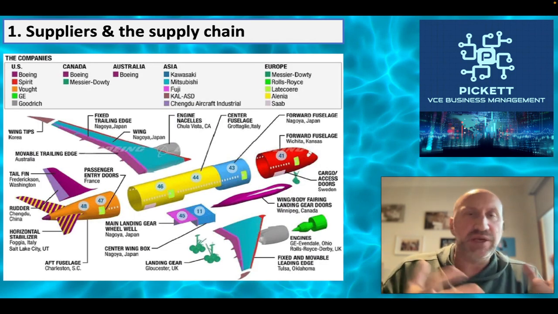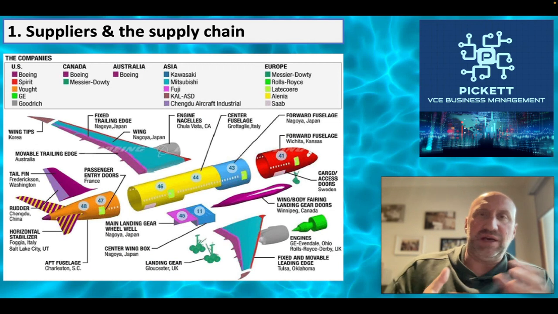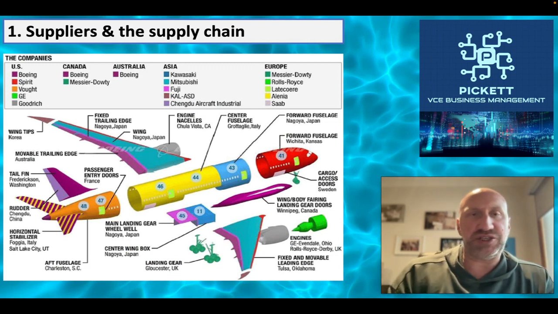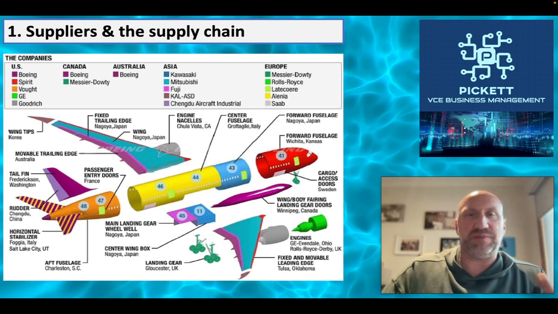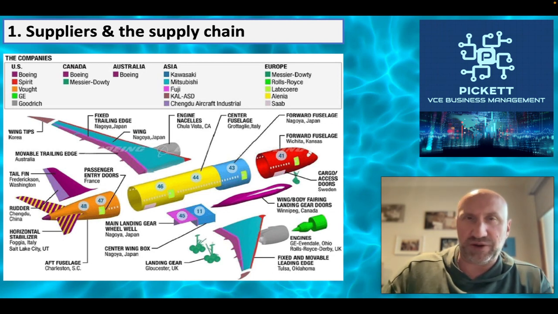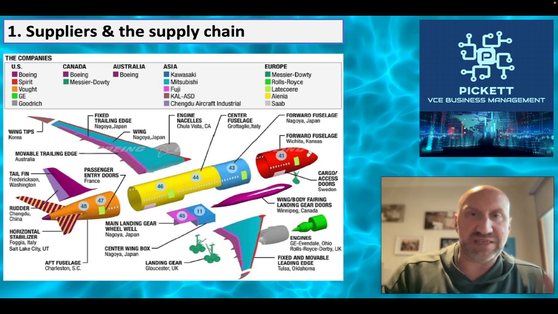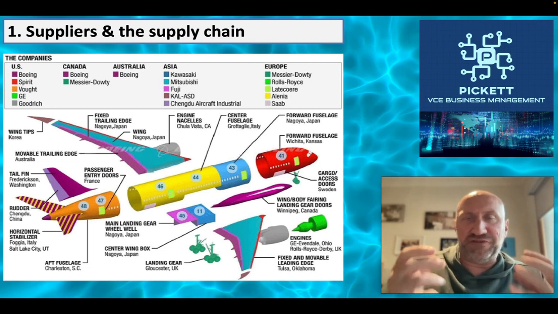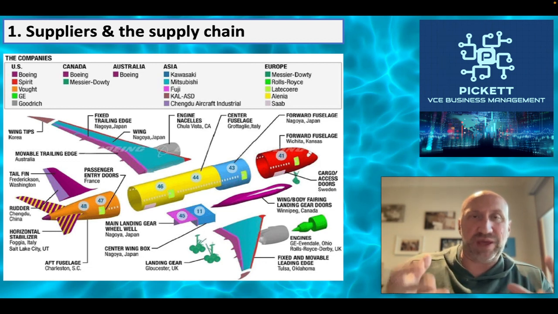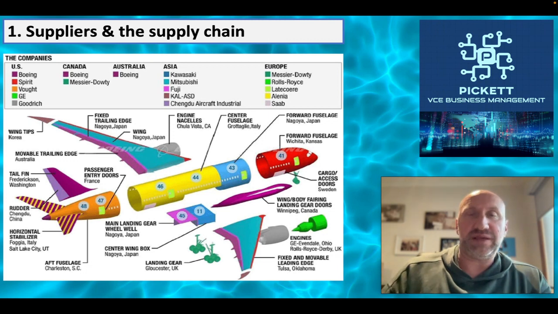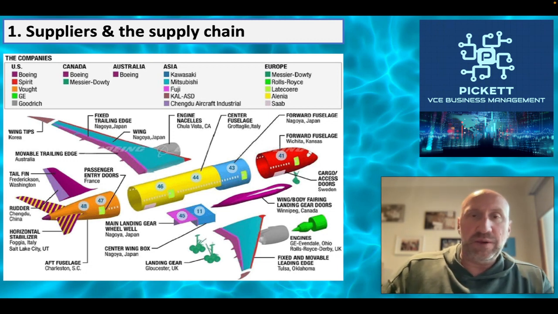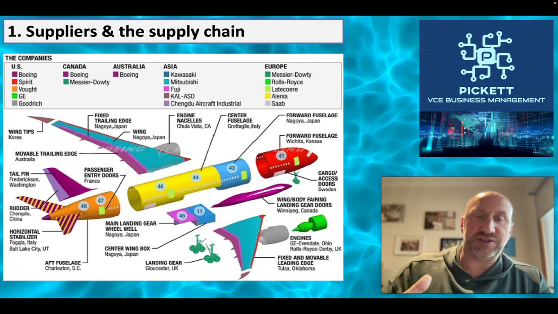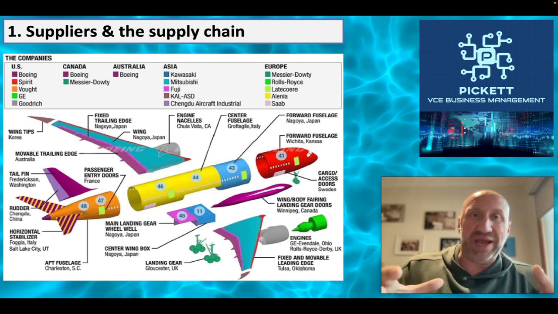Here's just an example here. Now, this is a diagrammatic representation of the supply chain, a very simplified version for the Boeing 787 Dreamliner, I believe, which has been in the skies now for a decade or so. And the Boeing factory where this is actually put together is in the US, but all the different parts are made all around the world.